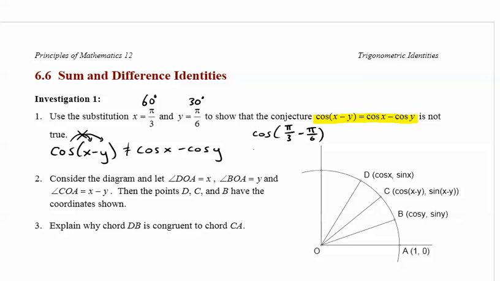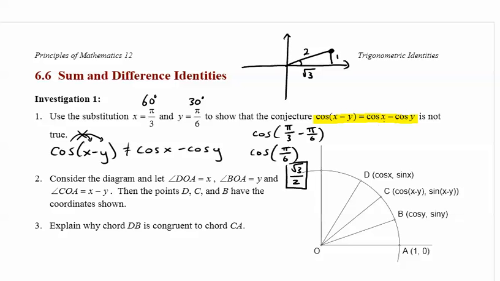So 60 minus 30 is 30, or pi over 6. This is the same as cosine pi over 6. Now if I draw my special triangle, the 30-degree angle is right over here, so I can make my 1, 2, root 3 triangle. And cosine is adjacent over hypotenuse, or root 3 over 2.